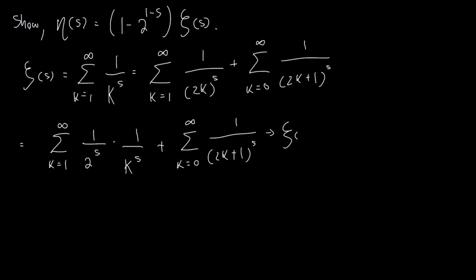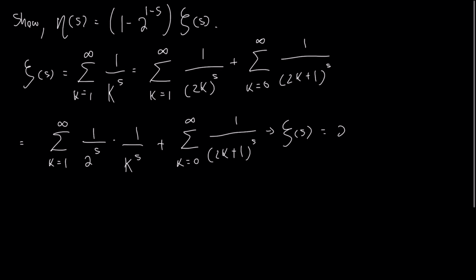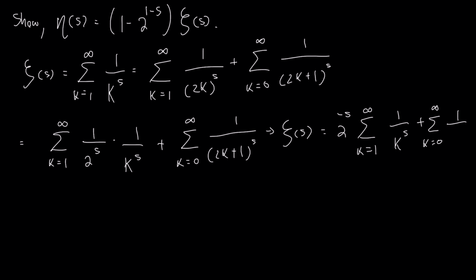So this means that zeta s, you can rewrite this as 2 to the negative s power, and the sum from 1 to infinity, 1 over k to the s, and then plus the sum from 0 to infinity, 1 over 2k plus 1 to the s.